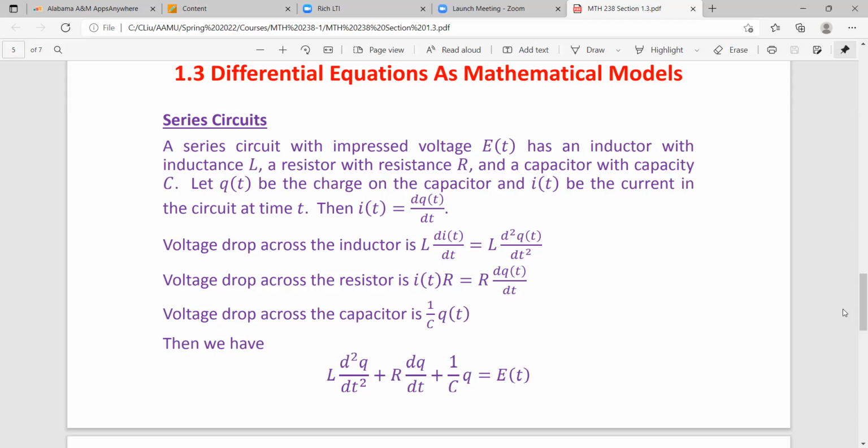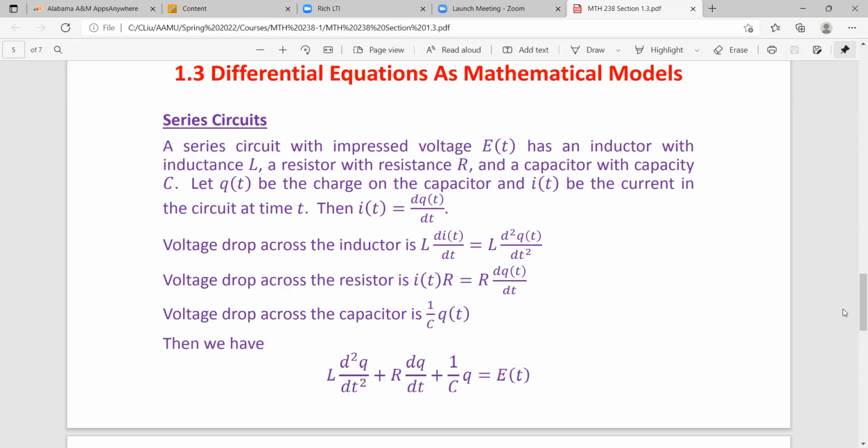So that's a second order linear differential equation. All right. So we end up with solving the second order differential equation. Okay. Any questions?